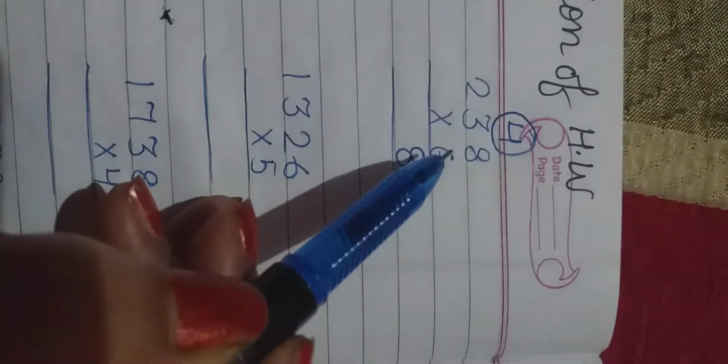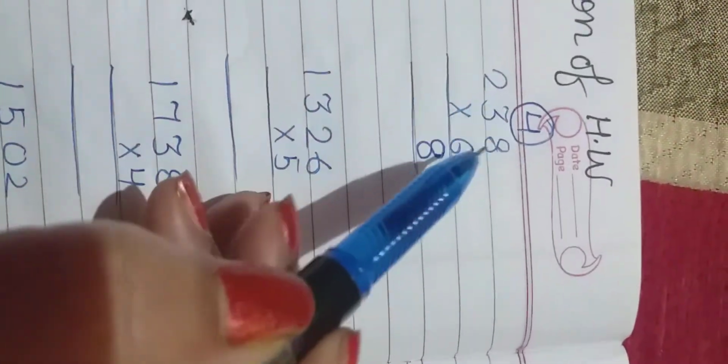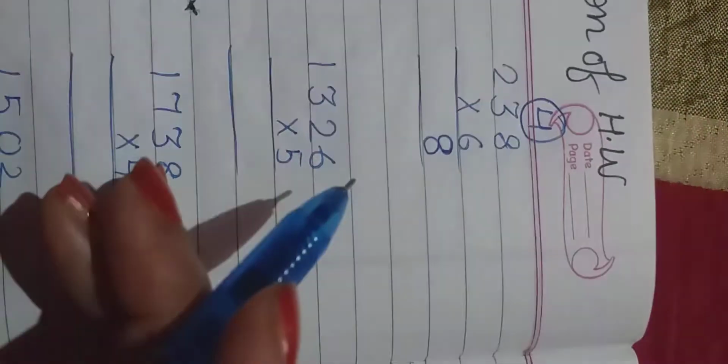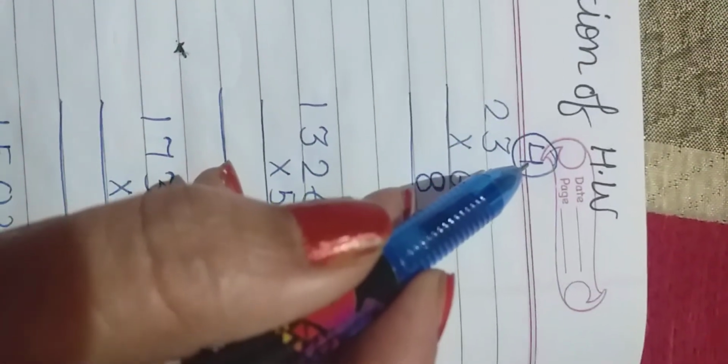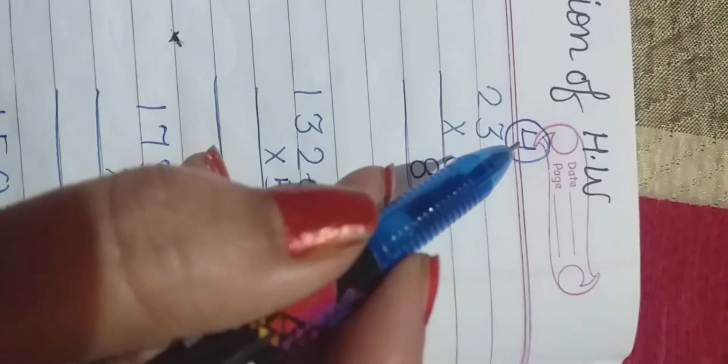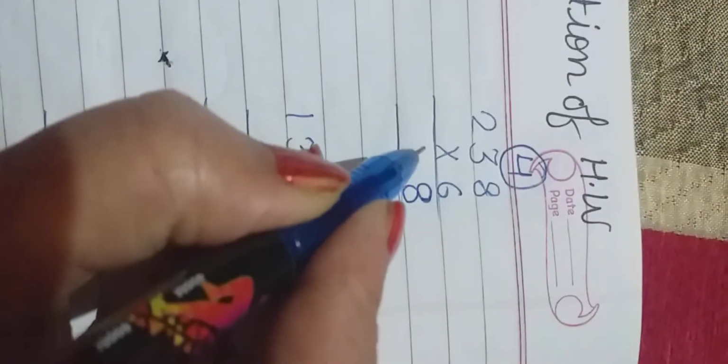Now 6 threes. We will read the table of 6 up to 3. 6 ones are 6, 6 twos are 12 and 6 threes are 18. 18 plus 4 of carry is 22. We write 2 here and carry 2 in a circle.